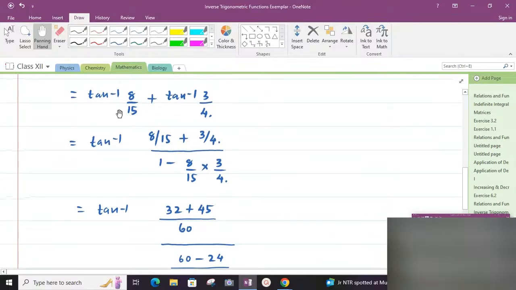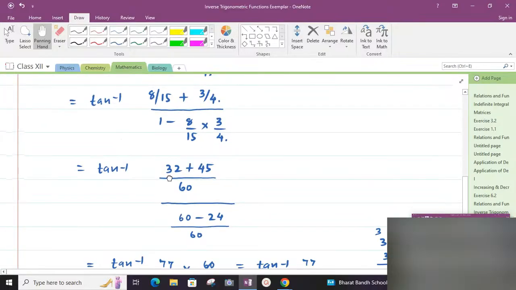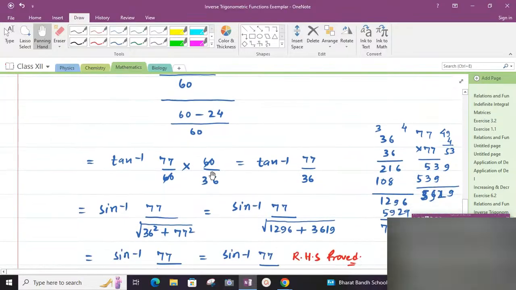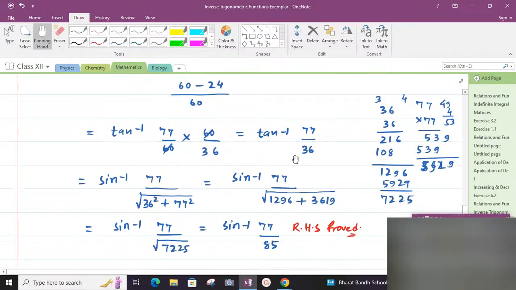And we know that tan inverse x plus tan inverse y equal to tan inverse of x plus y by 1 minus xy. So we write down here 8 by 15 plus 3 by 4 by 1 minus 8 by 15 into 3 by 4. After the simple calculation, we get here tan inverse 77 by 36.